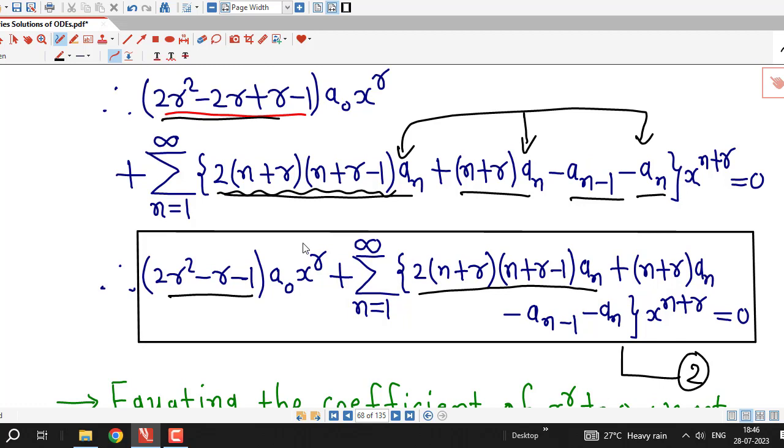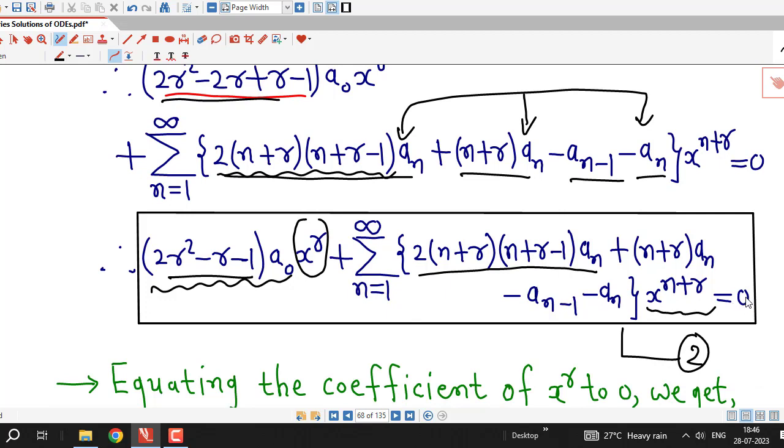Now you can see here I have x raised to r power into some coefficient. Here also I have x raised to n plus r into some coefficient, and the right hand side is 0. So that 0 I can rewrite as 0 into x raised to r plus sigma 0 into x raised to n plus r, n equal to 1 to infinity. This is the left hand side and the right hand side is 0, and we have equality.